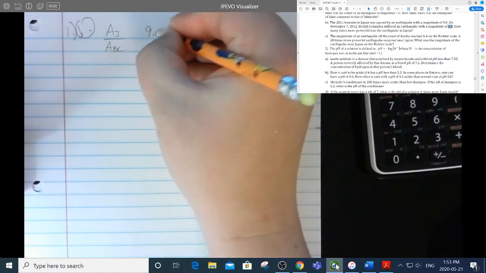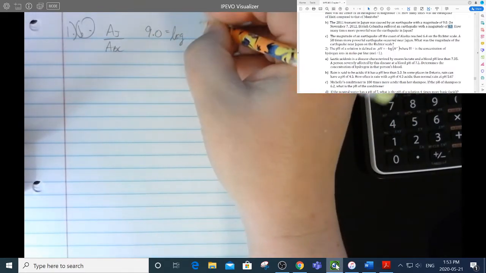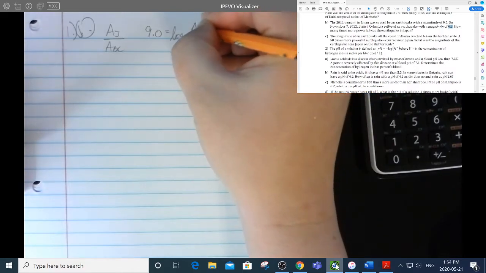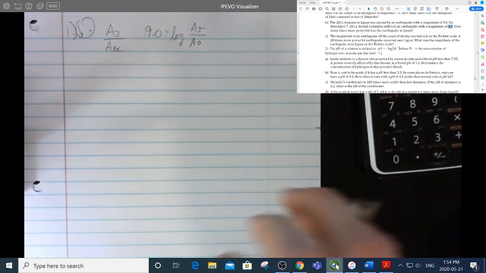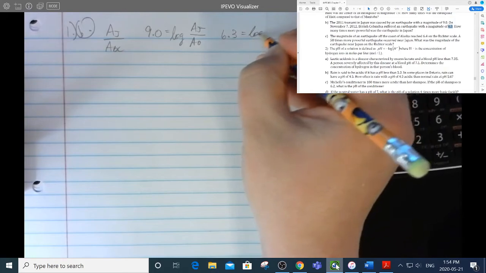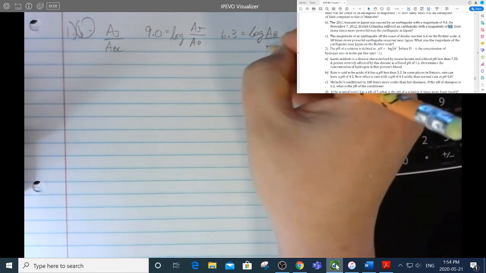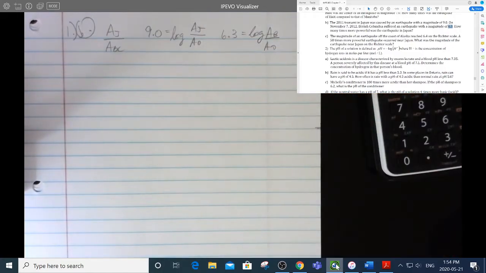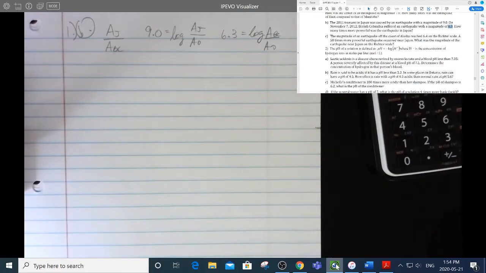I know that 9.0 is the magnitude when I have the log of the Japan earthquake, that's A_J, over A naught, and I know that 6.3 is equal to the log of the BC earthquake divided by A naught, and I'll say BC because I'm going to keep saying BC, because it's in British Columbia. So there we go. There's my two equations, and I'm going to approach this the same way.